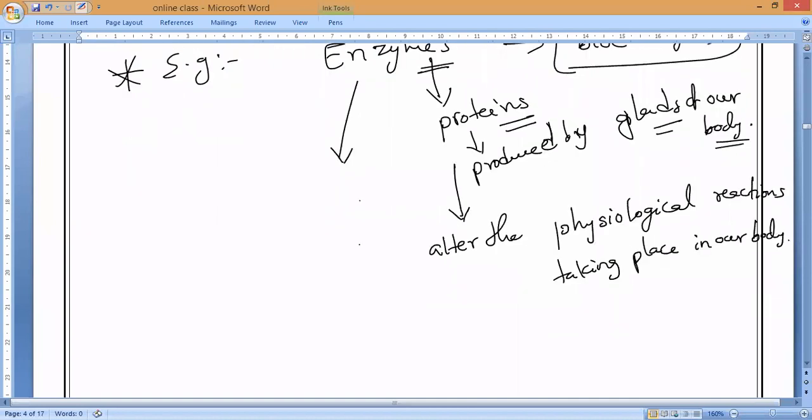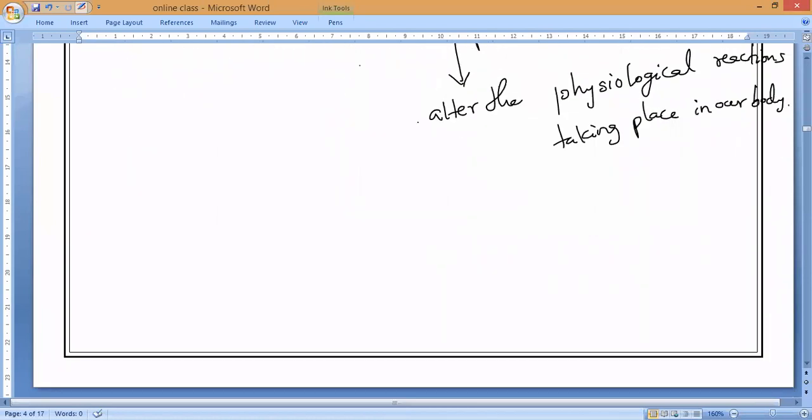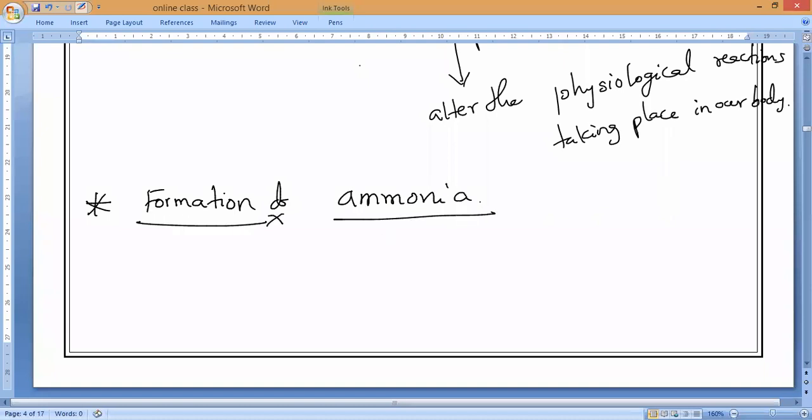Now, the most important example of a catalyst is the formation of ammonia, as I told you. The manufacturing process of ammonia is called the Haber process.